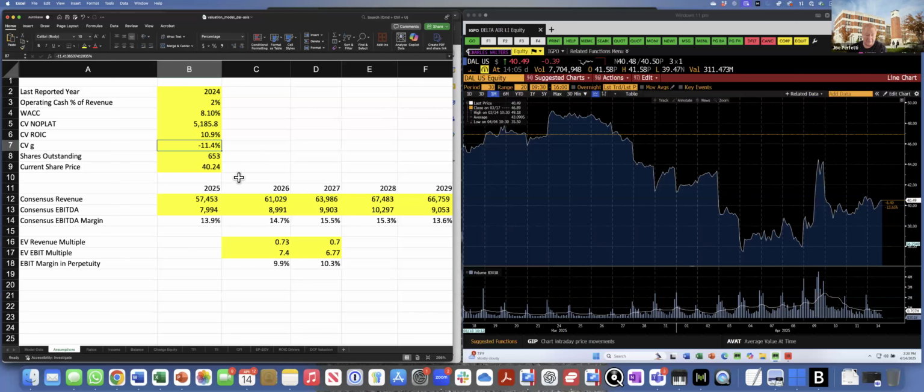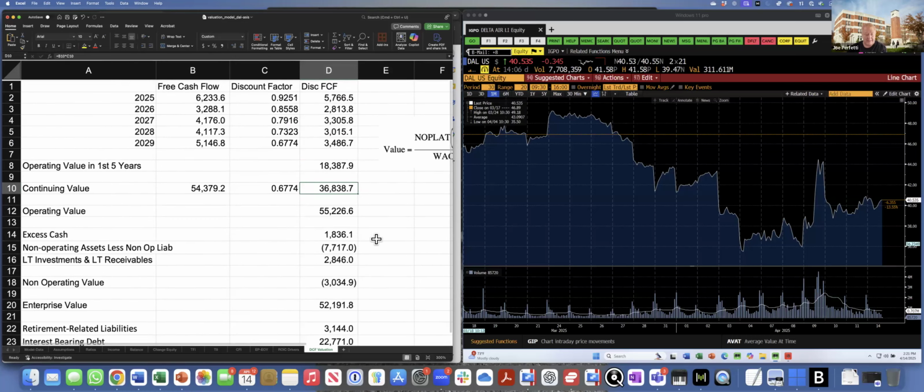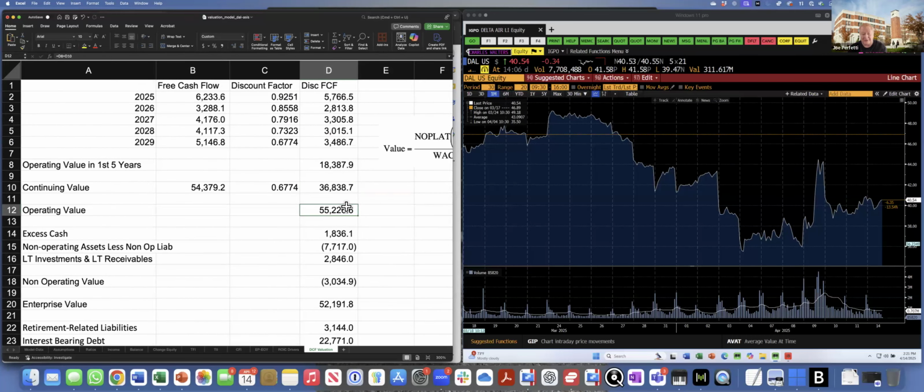This valuation, this share price that we are trying to match here, model price, it's coming from this screen. And specifically, it's coming from the operating value. That's the most important value for any company. It's the operating plus the non-operating value. The operating value is 55 billion. The non-operating value is pretty trivial.